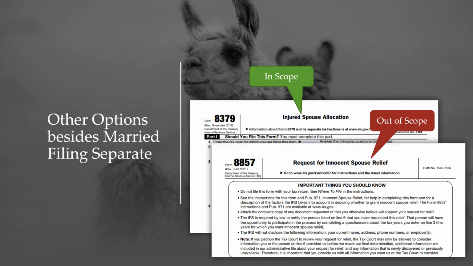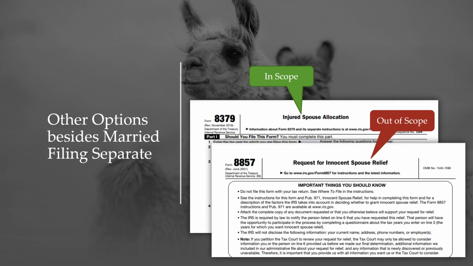They would not file the joint return. So this other form, the 8857, would be filed later at the time that the dishonesty was found out. That form is out of scope for us. So if we have a client in that situation, we would let them know that they need to seek some assistance from a paid preparer to help them with that.